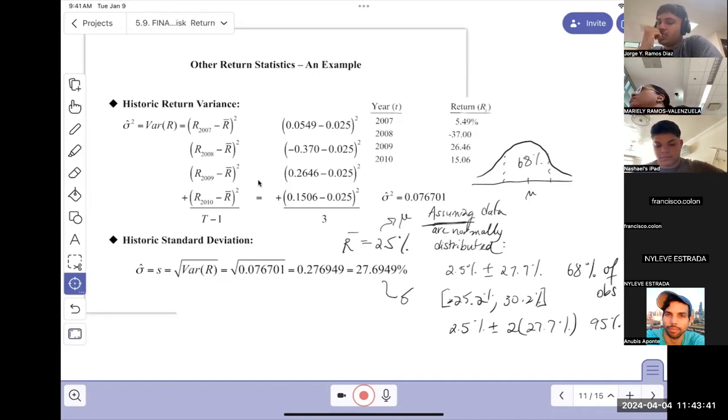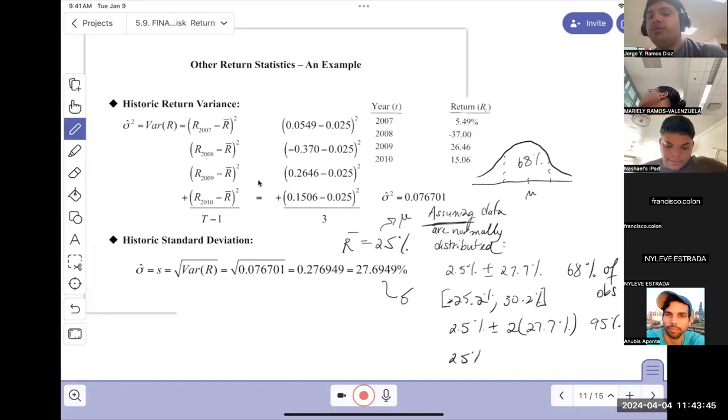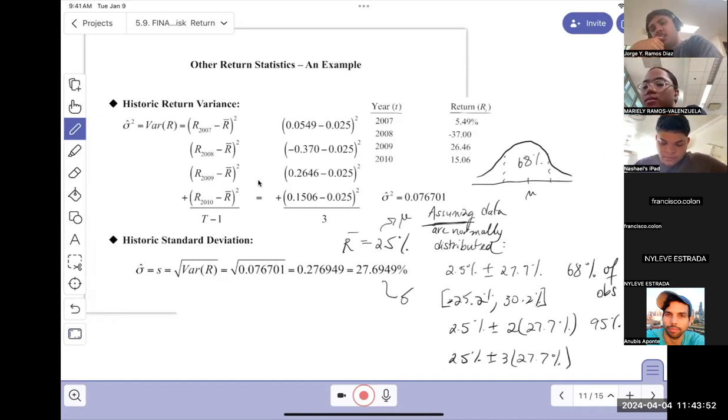And what about 3 standard deviations? What percentage of observations are within 3 standard deviations of the mean? Almost all of it, but not all of it. 99.7%. So what does this mean?